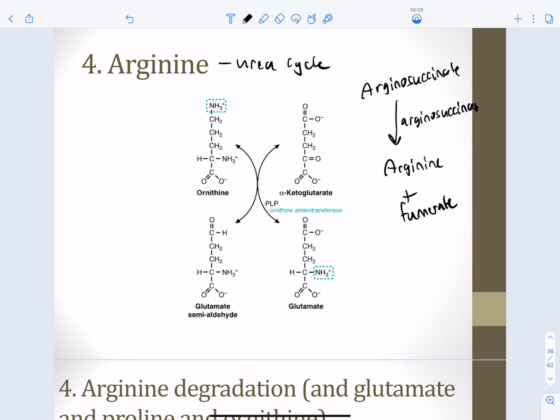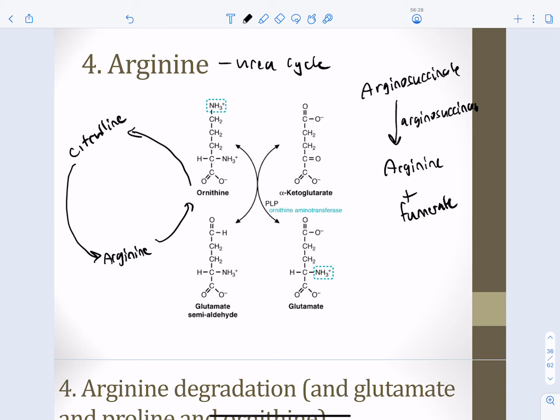And then remember that all of this is linked together, so ornithine to citrulline, many steps to arginine, and then back to ornithine. And so it's just a big cycle between them.